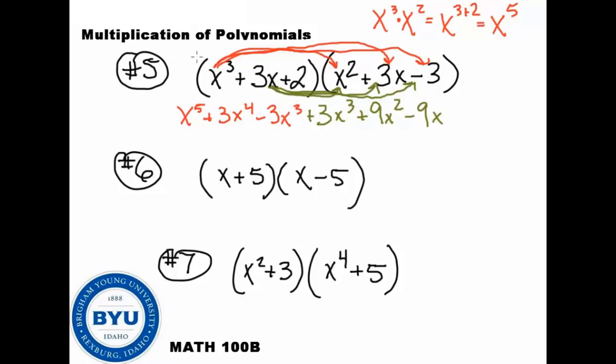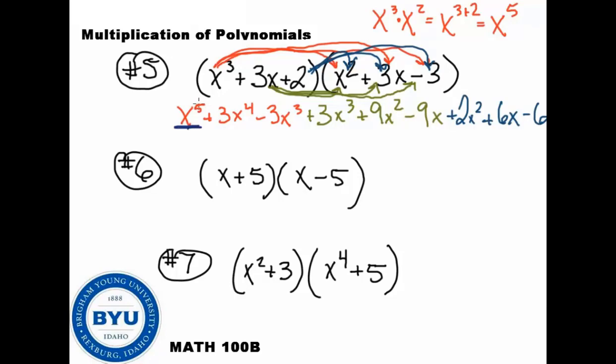Now just this last term, we have to take this 2 to everything. 2 times x squared is just 2x squared. And 2 times 3x is 6x. And again, 2 times negative 3 is negative 6. Like every single one of these into the other parentheses. Kind of gets long. And then our last step, of course, is to just combine the like terms.